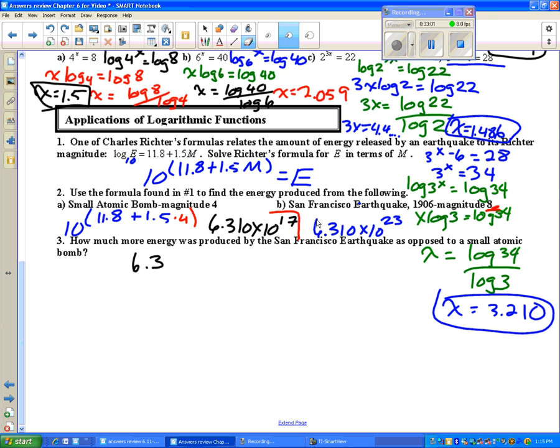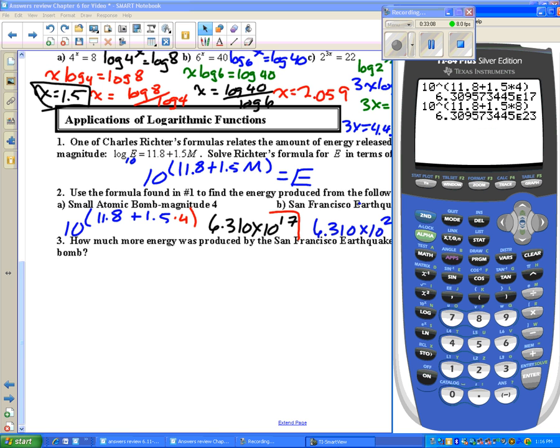And lastly, how much more energy was produced by the San Francisco earthquake as opposed to the small atomic bomb? I want to take the earthquake and divide by the bomb. So you're going to go 6.310, and honestly, it is best if I put those in parentheses, times 10 to the 23rd power.